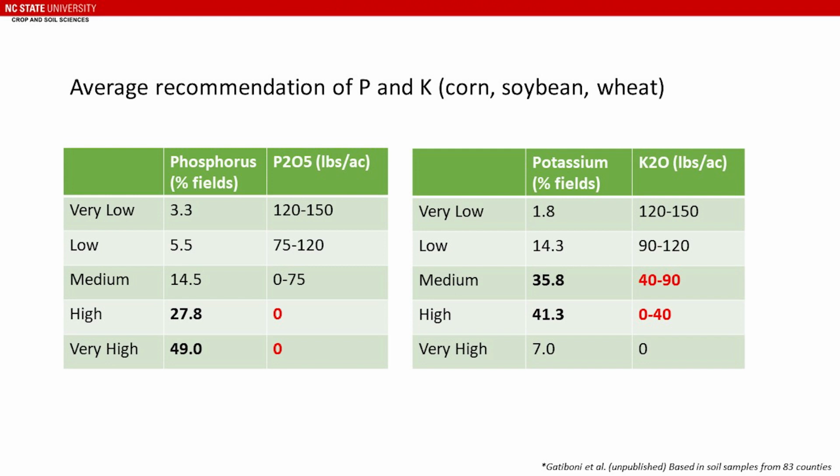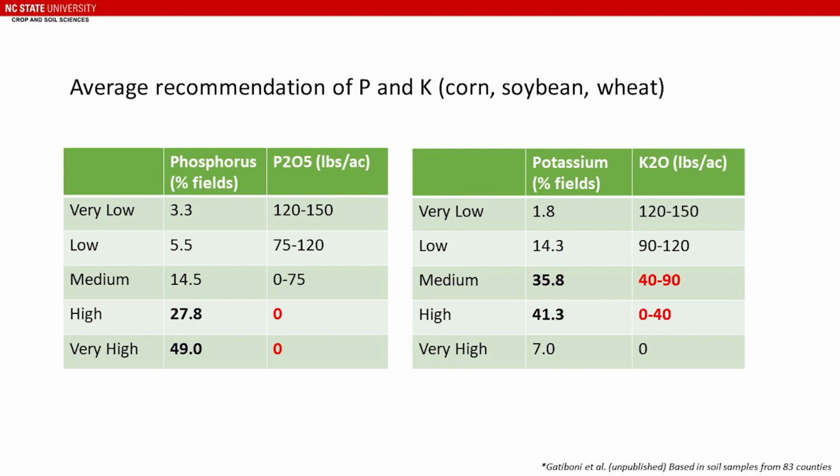And you can see here for phosphorus that for the ag counties, more than 75% of the fields do not require phosphorus. We could go for at least 2 or 3 crops in a row without applying phosphorus because we have high or very high fertility in phosphorus.